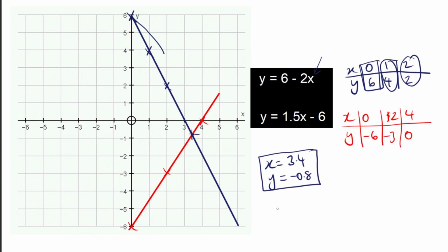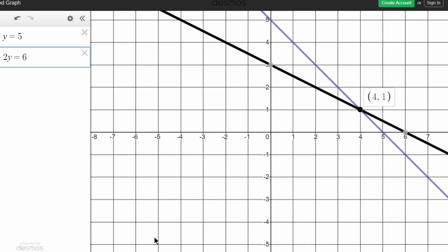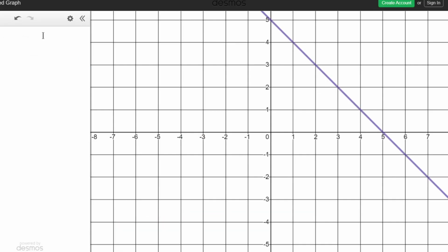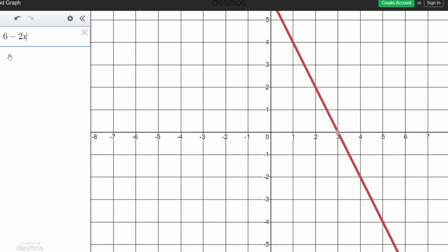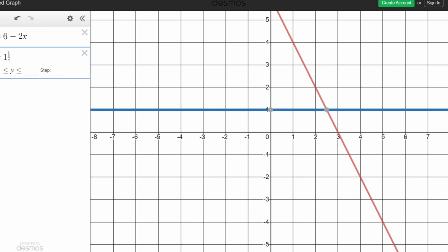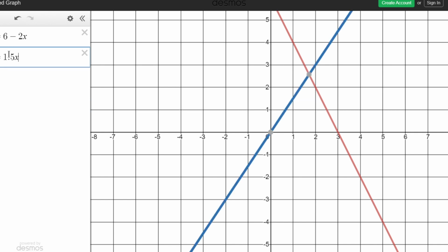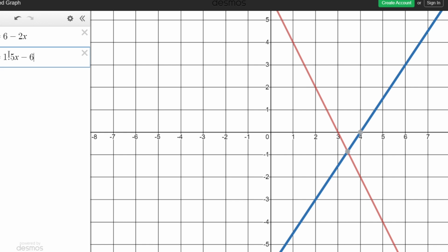Okay, now if you would like, you can always go to Desmos and check the solutions. Let's get rid of these and now put our new ones in. So y equals 6 minus 2x and y equals 1.5x minus 6.